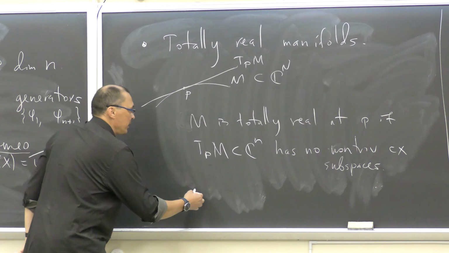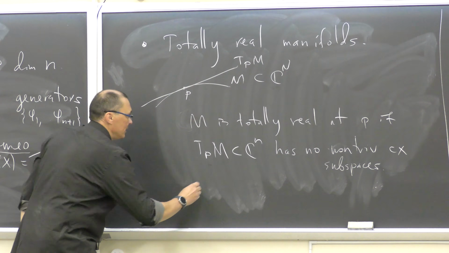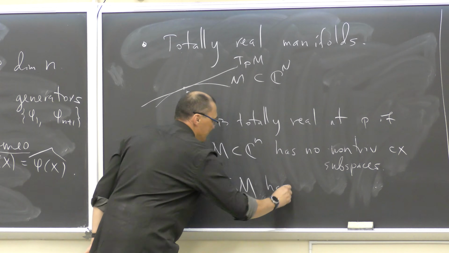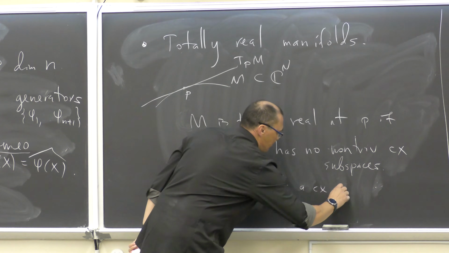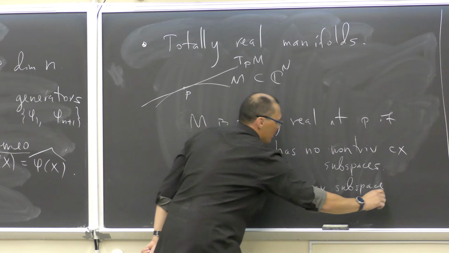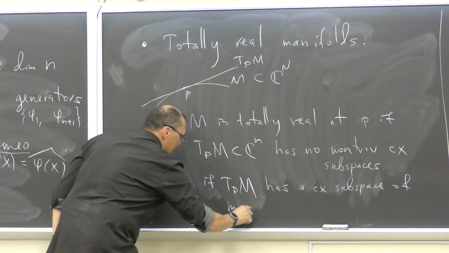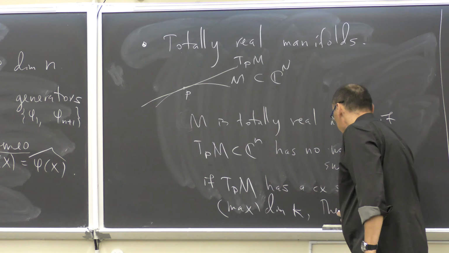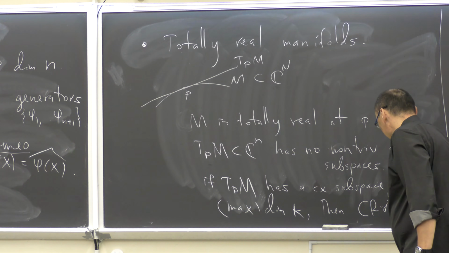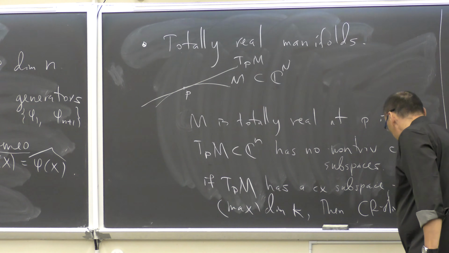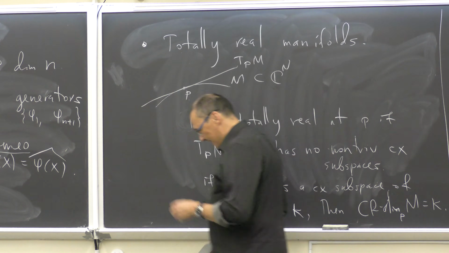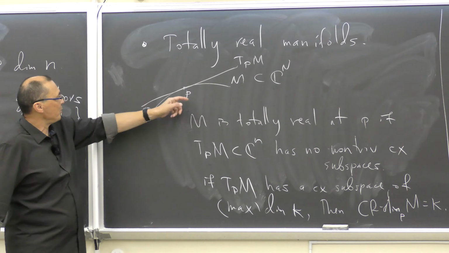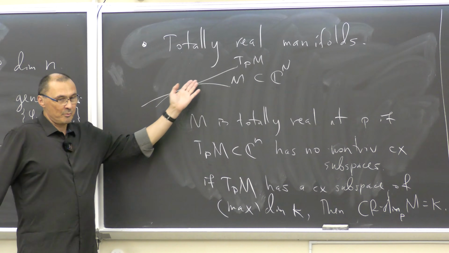And I'm going to need in the future that if TPM has a complex subspace of maximal dimension k, then I would say that the CR dimension of M at point P is k. So in general, if you have a lower dimensional manifold, then this dimension may jump when you go from point to point.